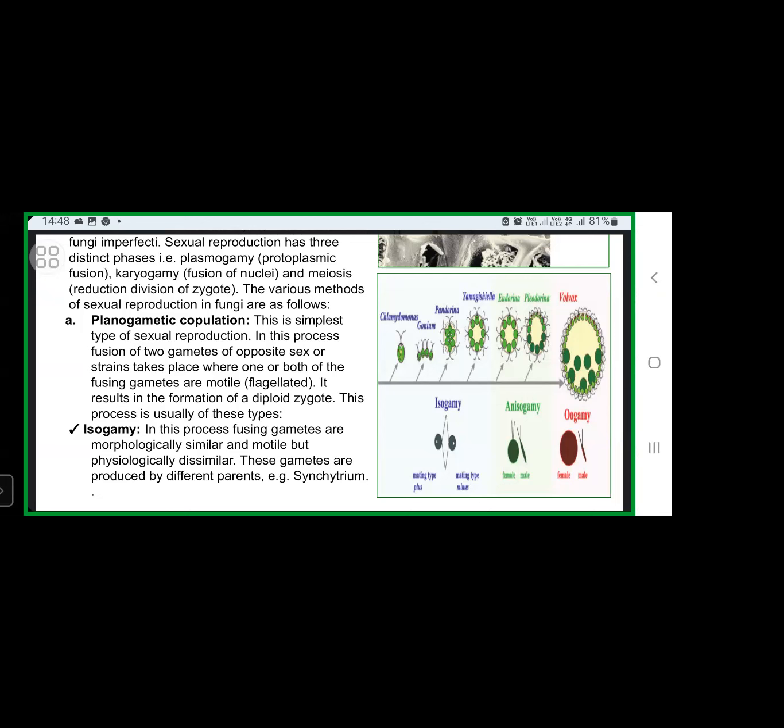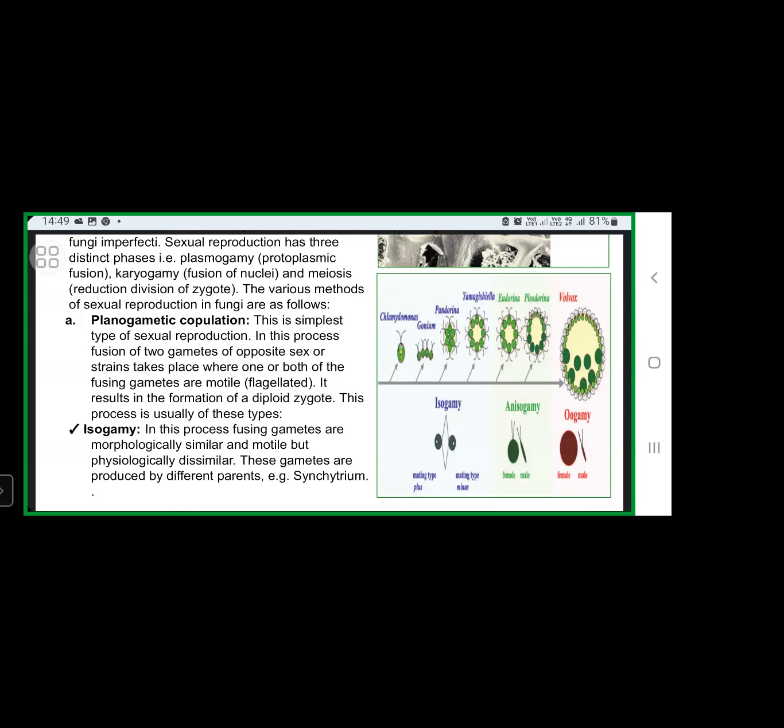That type of reproduction is called isogamous sexual reproduction. You can observe this isogamous type of sexual reproduction in Syncytium.